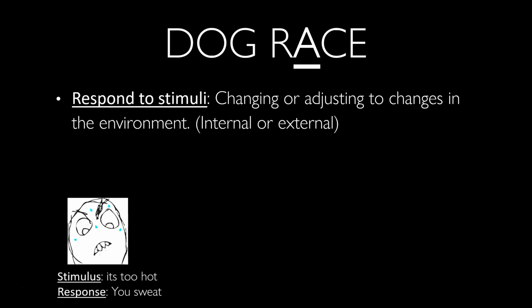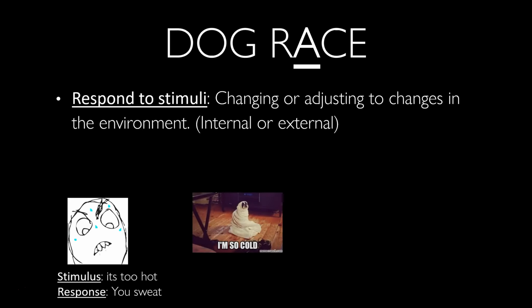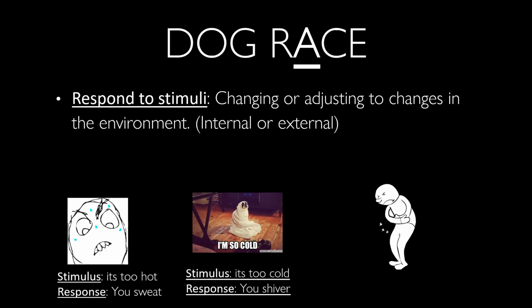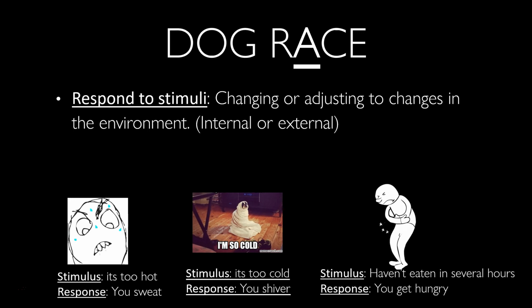You start to sweat, okay? What if it's super, super cold? How is your body going to respond to that? You're going to start to shiver. What if it's been several hours since your last meal? You get hungry, okay? So adaptations take place over generations. Responding to a stimulus is much quicker.